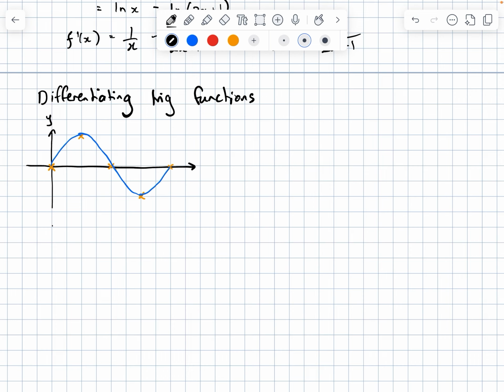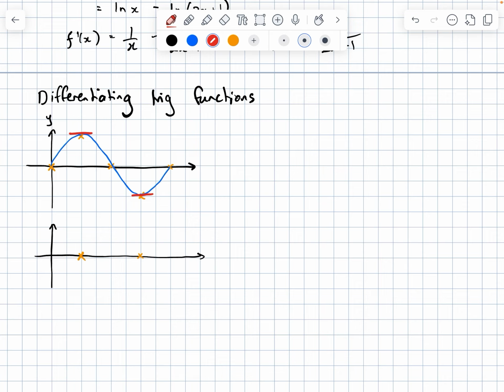If we differentiate this and draw its gradient function, to draw a gradient function we start by finding when it's 0. So flat there and there, and we draw those down and mark those points. So we know it goes through 0 there and there.